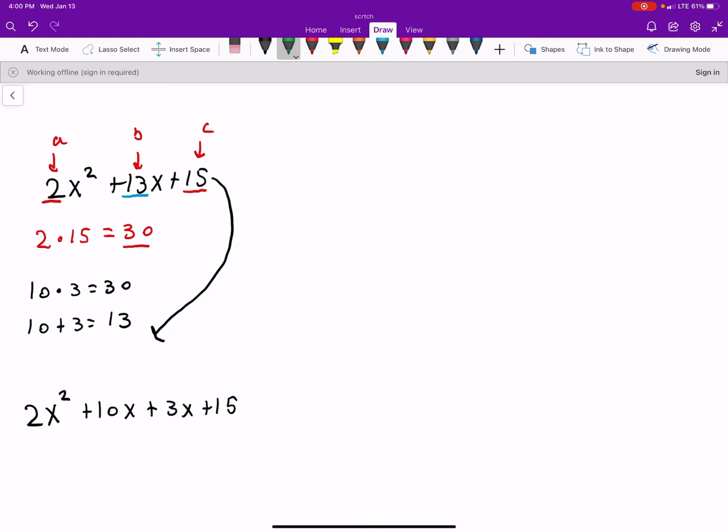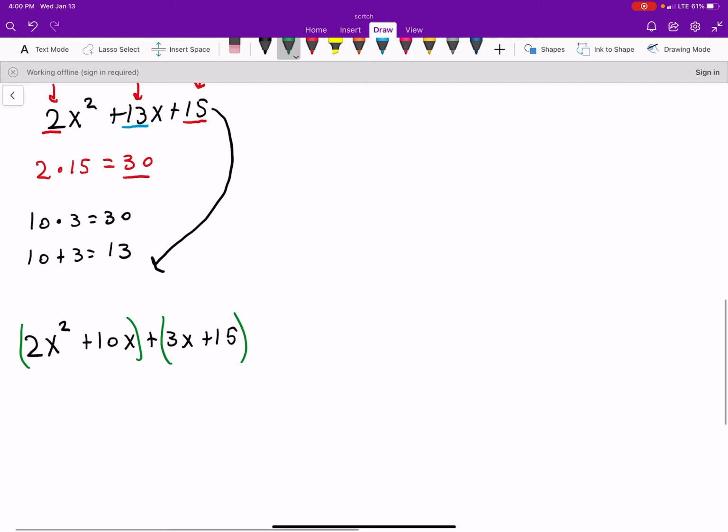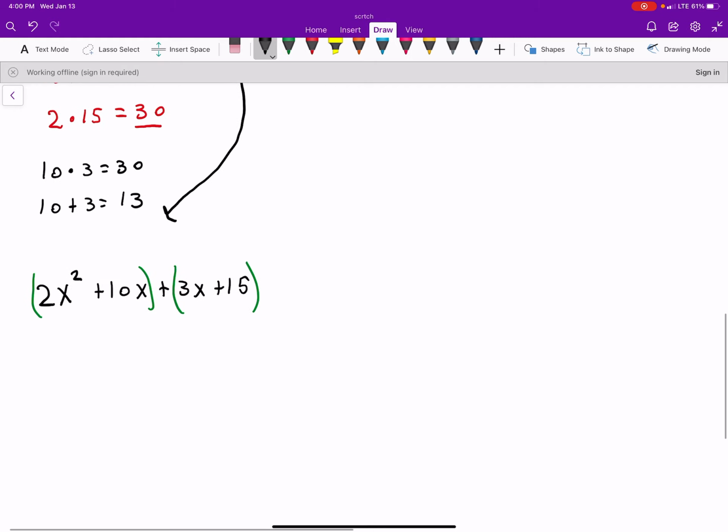And the way that we do that is we just separate these a little bit like this, and then we factor these individually. We break them up into different groups. If I look at this term here, the 2x squared plus 10x, what do those two numbers have in common? Well, they both have an x in it, right?